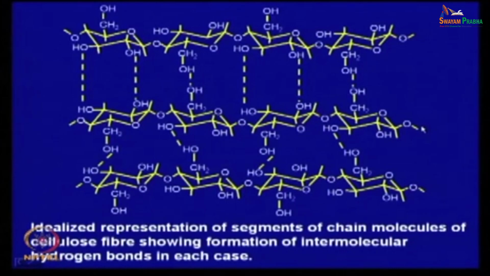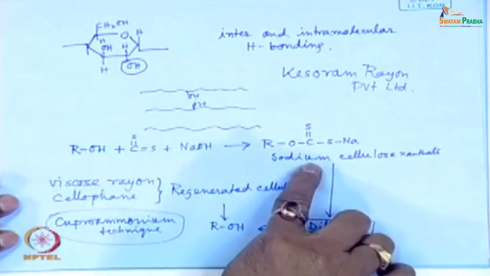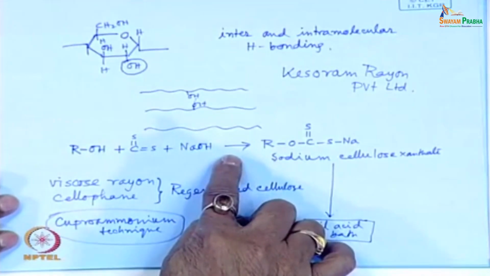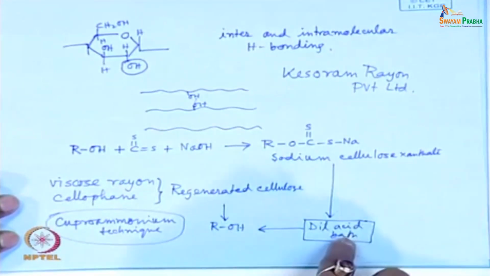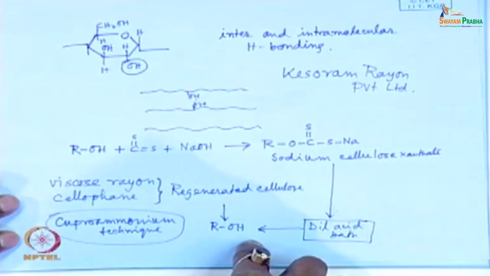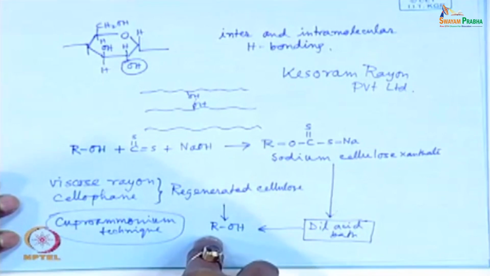What happens here in this reaction? Actually, this breaks these hydrogen bonds. Once it breaks the hydrogen bonds, then this cellulose goes into solution. Then when it is passed through the acid bath, the cellulose is regenerated. Now, once the cellulose is regenerated, what happens?